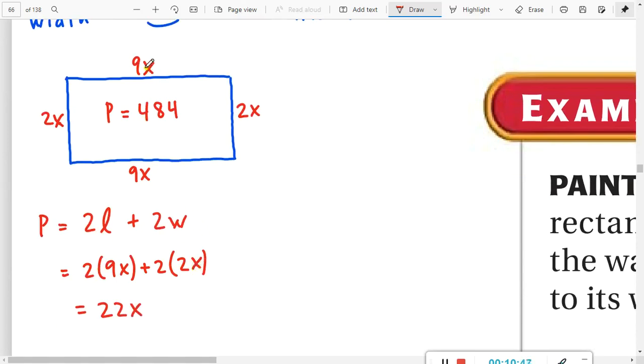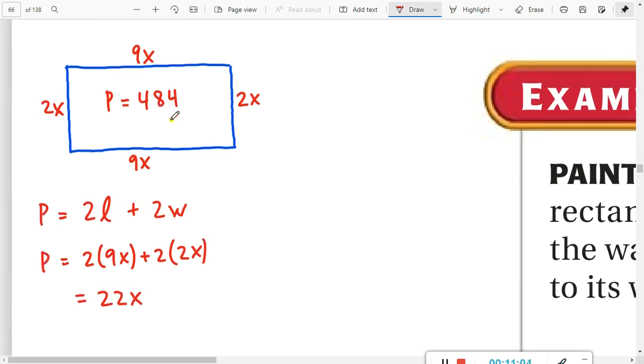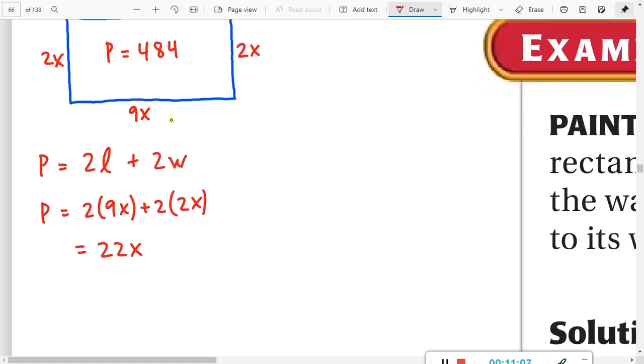That's the same thing as if we just added all 4 sides: 9 plus 2 plus 9 plus 2. You would just get 22x. And that equals the perimeter, P. But we said in the problem, the perimeter is 484. So in place of P, I'm just going to plug in 484.